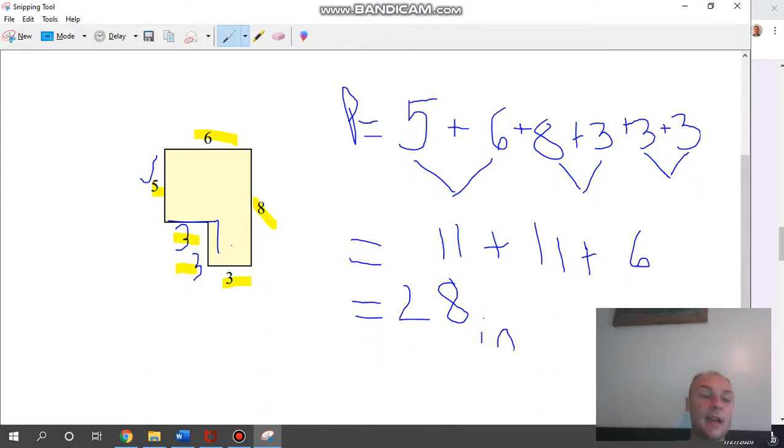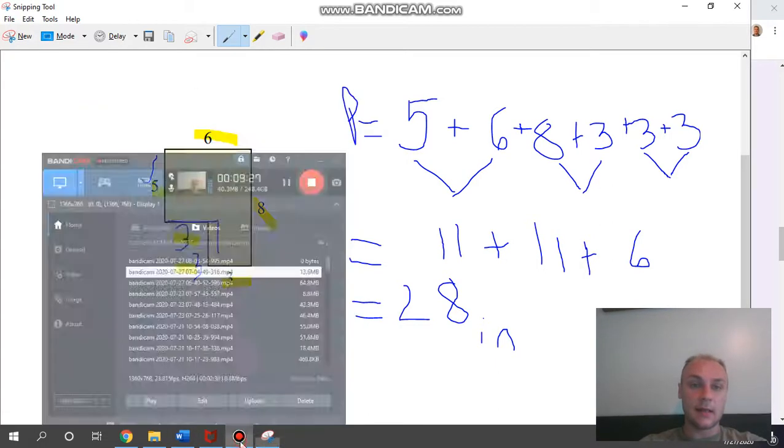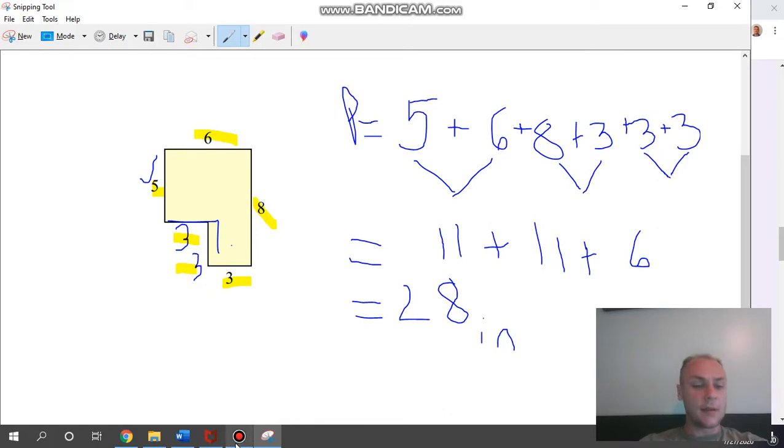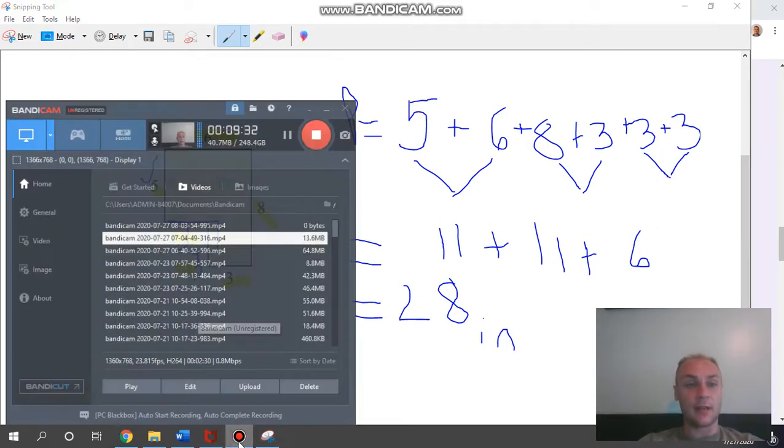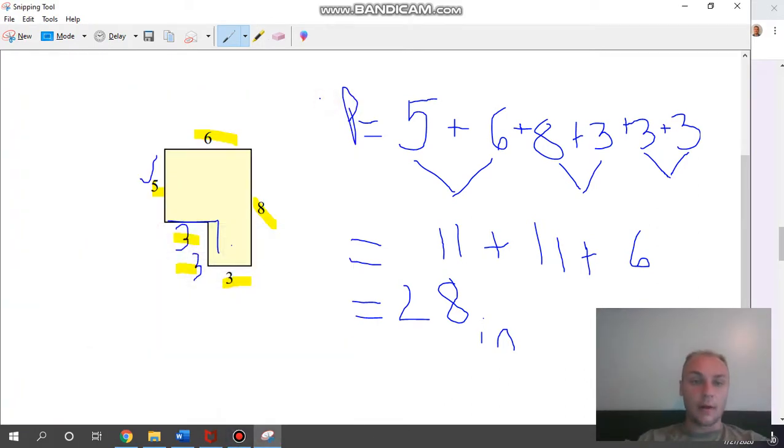Now we are going to find the area. I'm going to show you this in red so that it's a little bit easier to see. I'm actually going to stop the video for a second, and then we're going to start again so that I can show you this. Alright, I'm back, and here we go. Now I'm going to show you how we're going to find the area of this shape. Again, area equals length times width. But for this shape, we need to cut our shape in 2. I'm going to cut it right here.